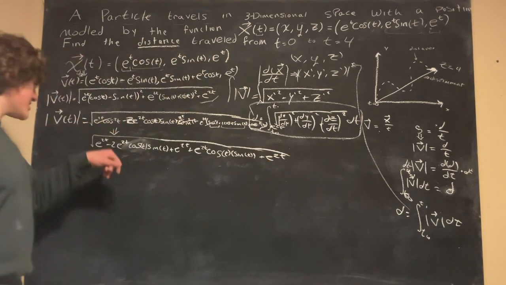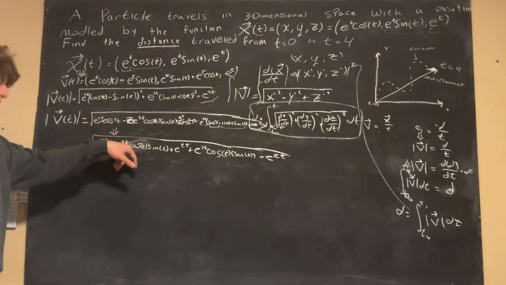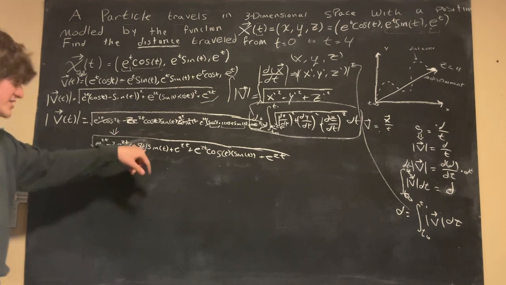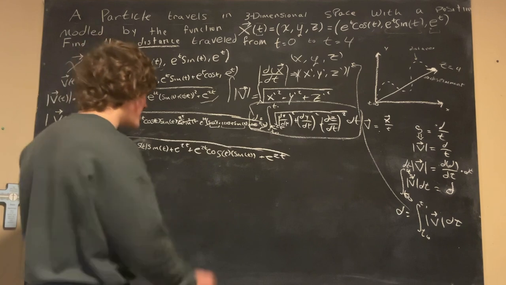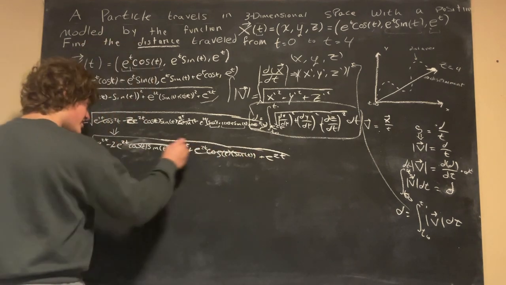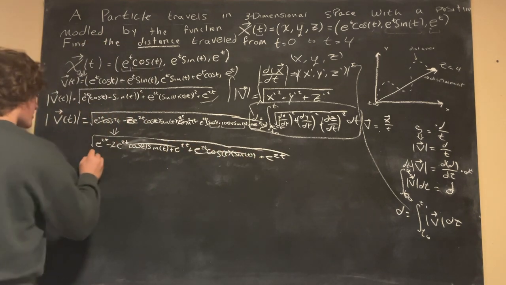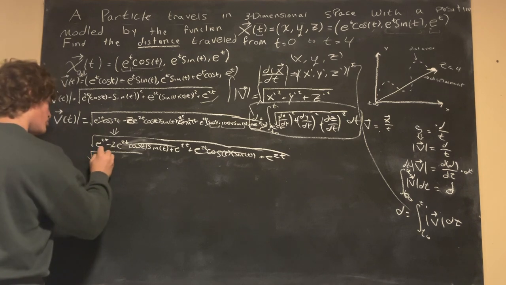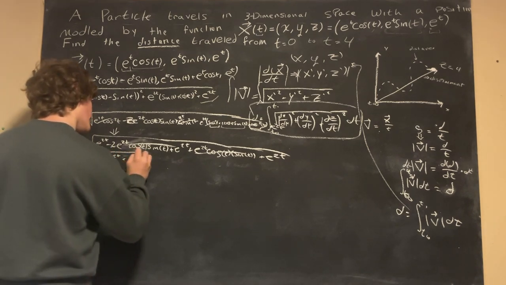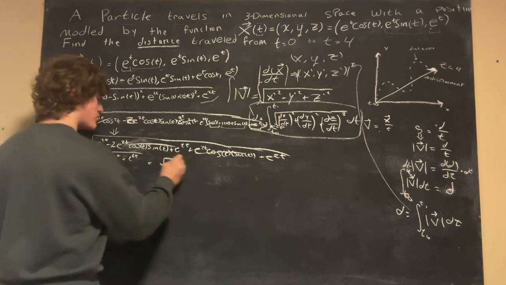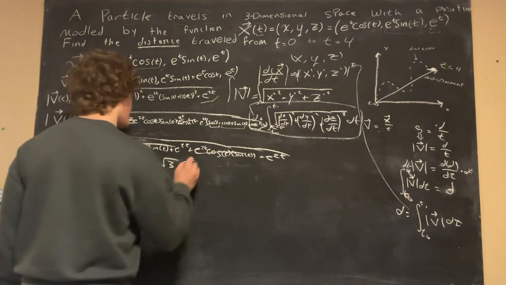If you notice, this is negative 2e to the 2t cosine t sine t, and this is positive e to the 2t cosine t sine t, so these just cancel out for 0. So this becomes e to the 2t plus e to the 2t plus e to the 2t under the square root, which is just equal to the square root of 3 times e to the t.